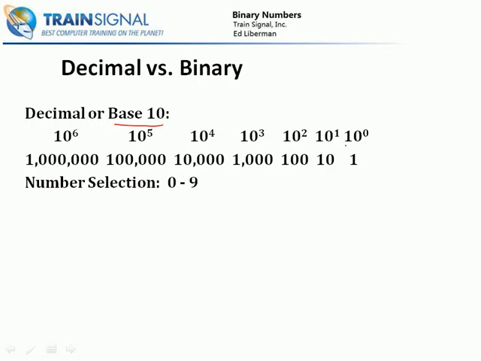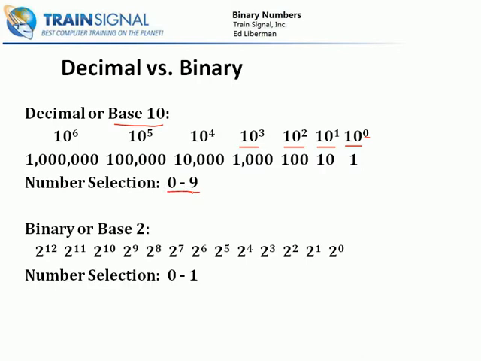The values of our columns will always be the base to the 0 power, and then base to the first, base to the second, base to the third, etc. That's how we come up with our column values. The second purpose behind the base number is to define how many choices we have to put in each column. In other words, because it's base 10, we have 10 choices, the numbers 0 through 9.